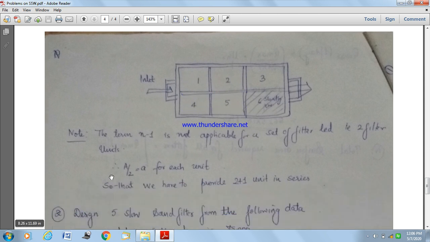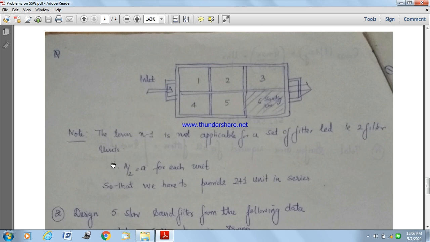One more thing to note down: the term n minus 1 is not applicable for a set of filter beds, that is 2 filter units. If the question gives a set of filter units, then you cannot substitute n minus 1 to find the surface area.